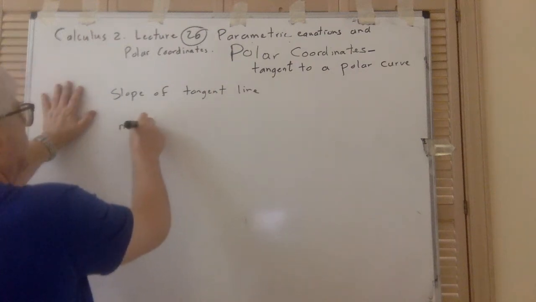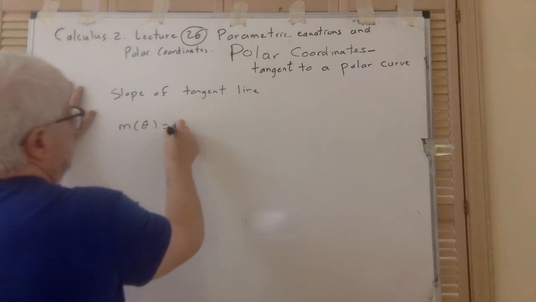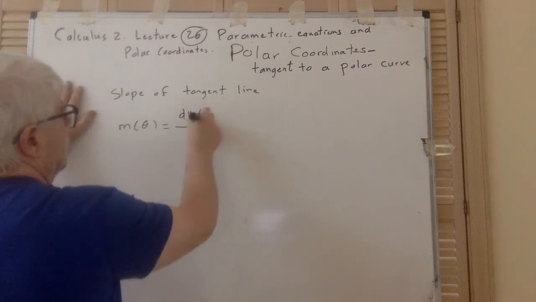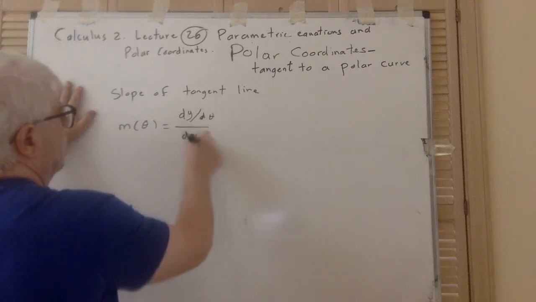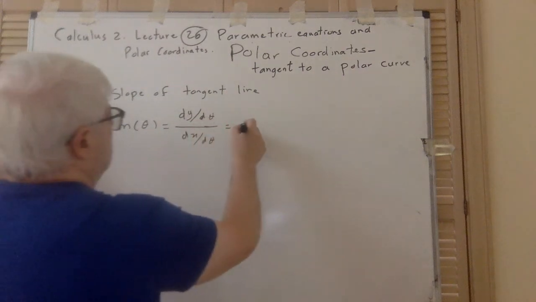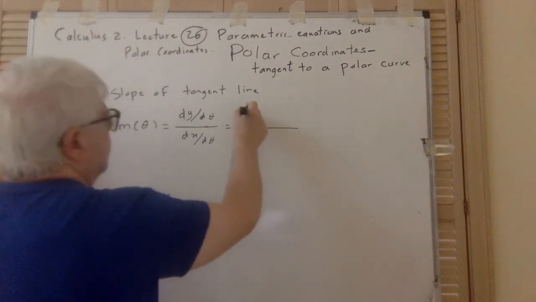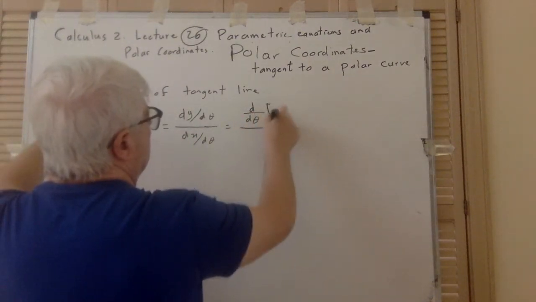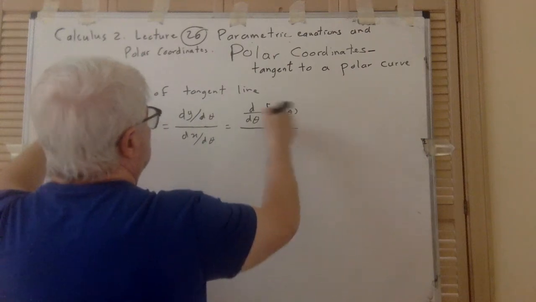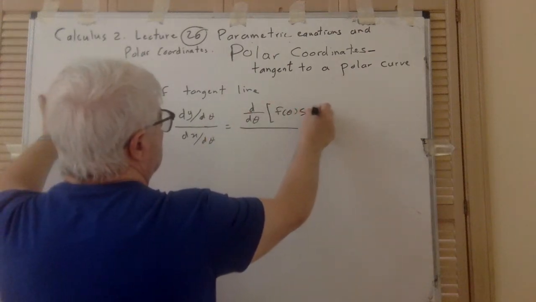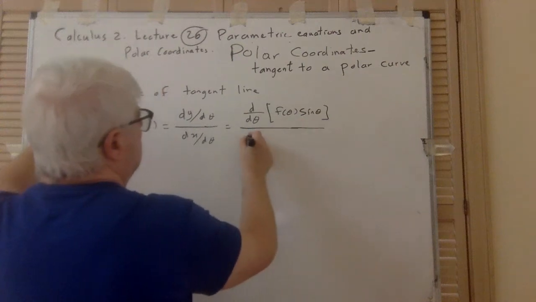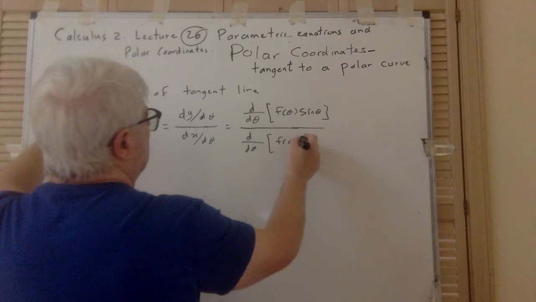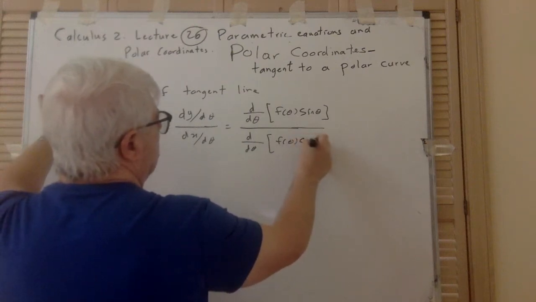Remember, m as a function of theta in this situation is dy/d theta over dx/d theta. That is d/d theta of f(theta) sine theta over d/d theta of f(theta) cosine theta.